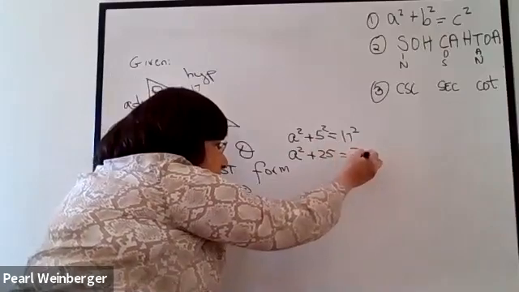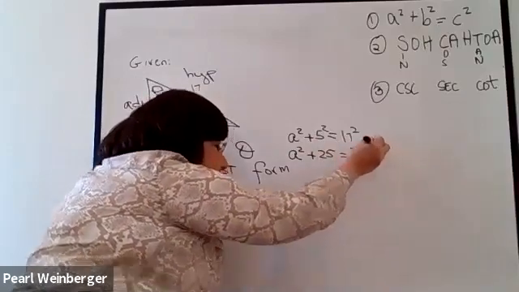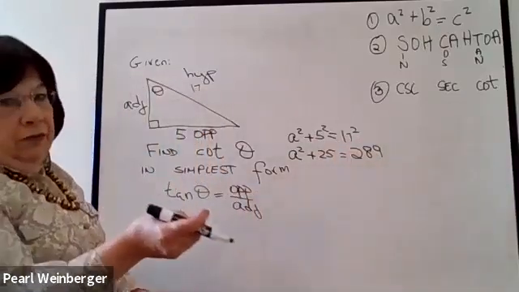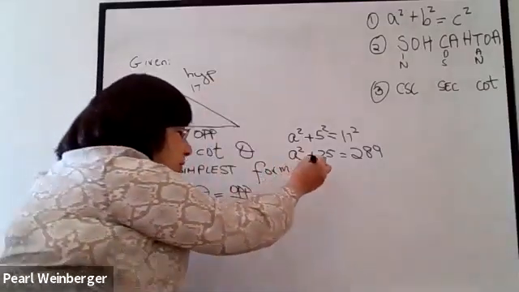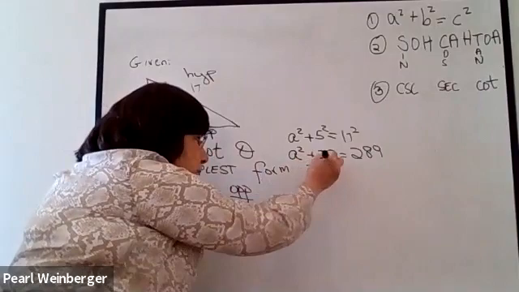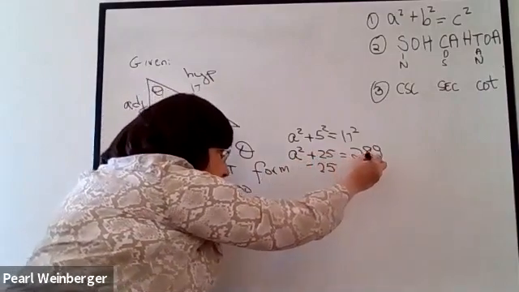So 289, thank you. It's 289. And of course, you can just do that on your calculator if you don't want to do it in your head. 17 times 17, you can do that. And of course, you have to then bring this 25 to the other side.